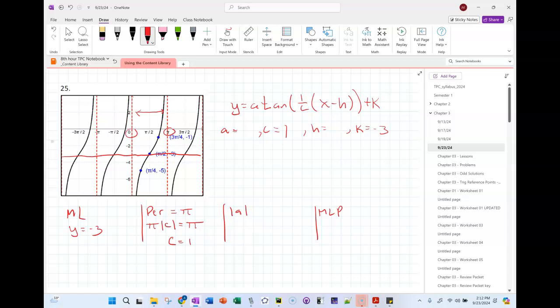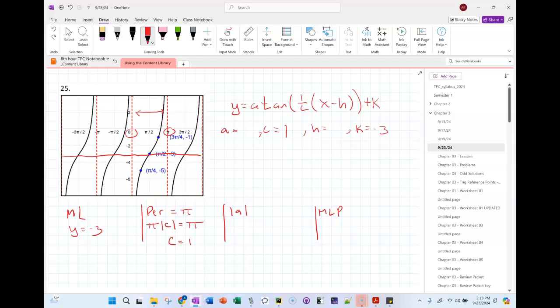I meant, why can't the period be a different pair? If you go here, you're going from negative pi to 0. That's still distance pi. It's the same distance no matter where you take it from. There's nothing special about that particular one.